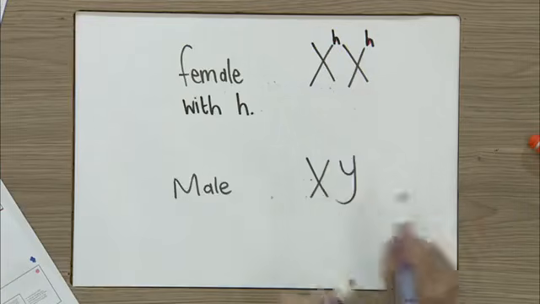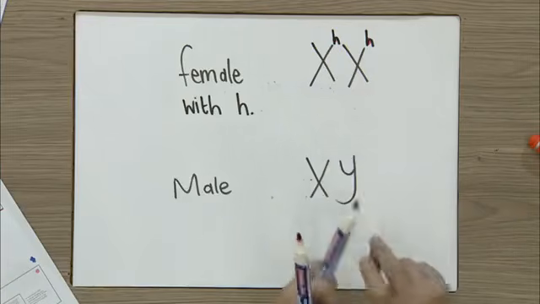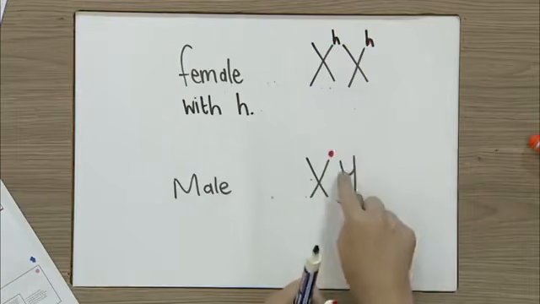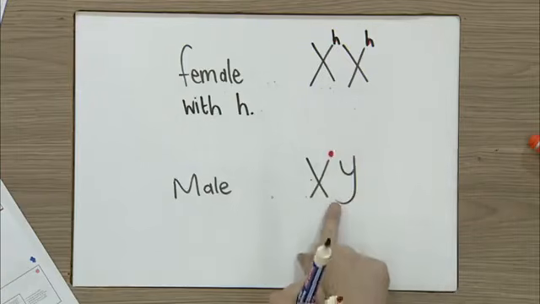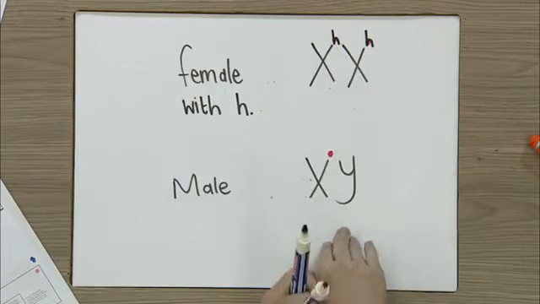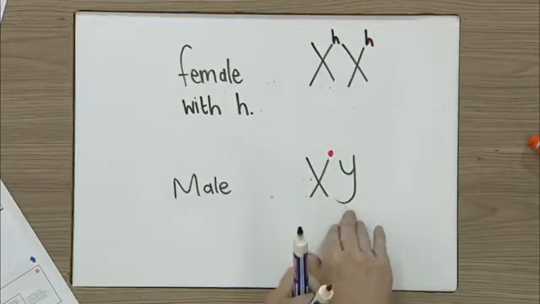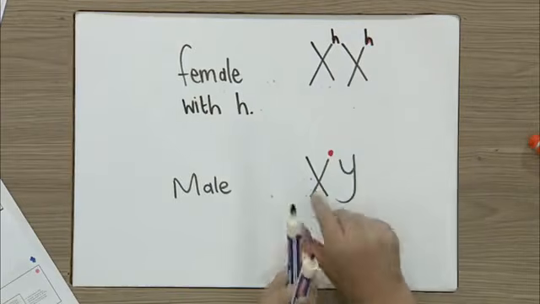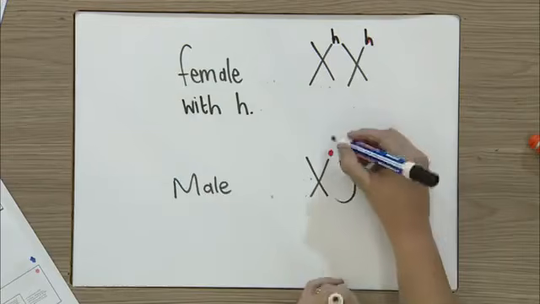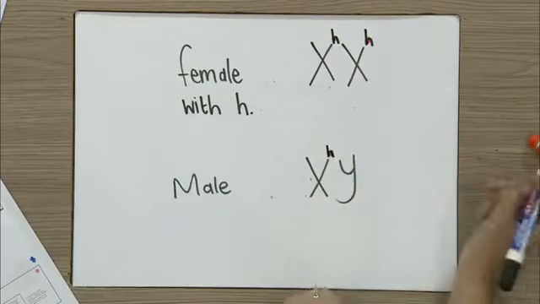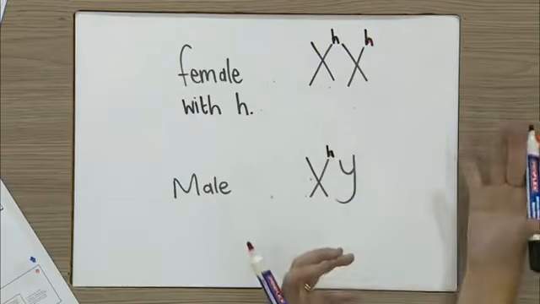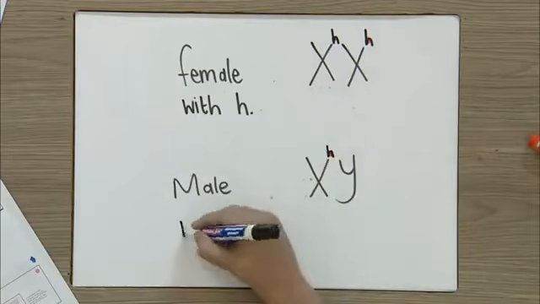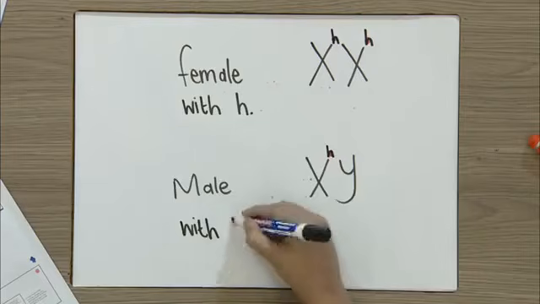For a man to have haemophilia, he only has one X chromosome. He has a Y chromosome, but this condition, because it's sex-linked, cannot affect the Y chromosome. Right, so because he only has one X, and let's say this man inherited the defective allele, then this is a male with haemophilia.